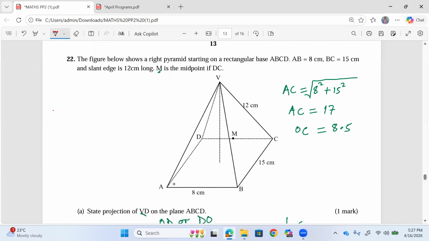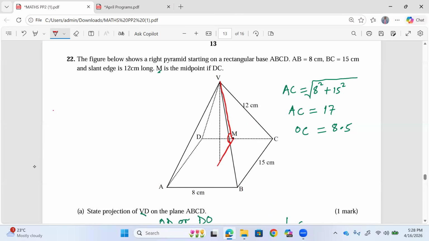ABCD, the base, and VDC, the other plane, meet along DC, the common edge. We draw a line perpendicular to DC through each plane, one through the base and another through VDC. Where the two lines meet, that is the angle between VDC and ABCD.